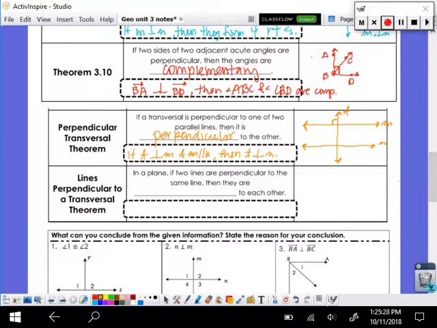Last one, the lines perpendicular to a transversal theorem. In a plane, if two lines are perpendicular to the same line, then they are parallel to each other.